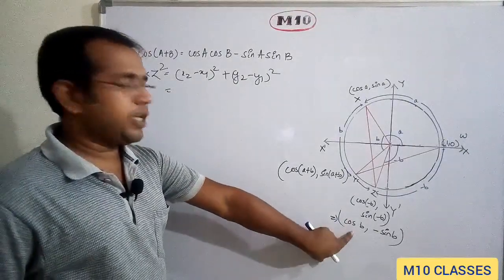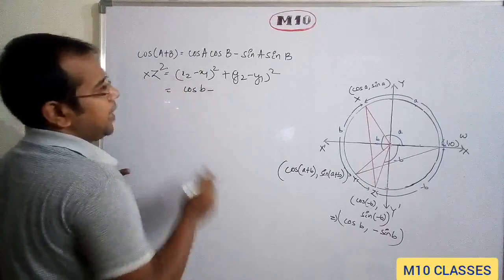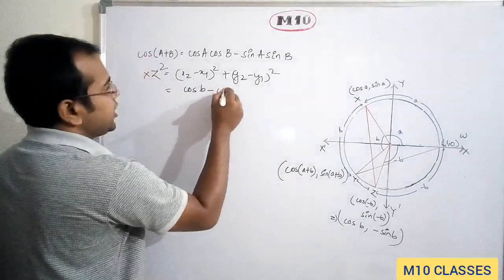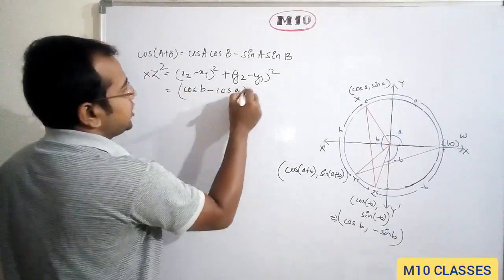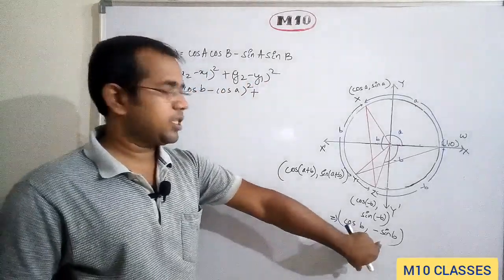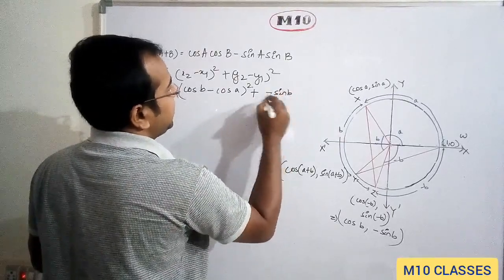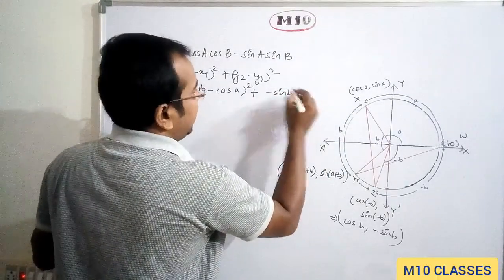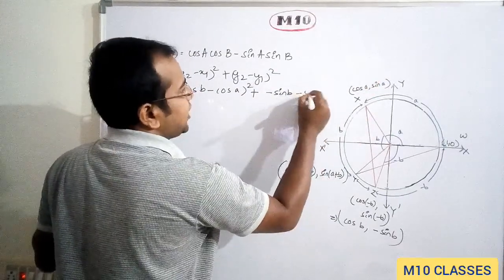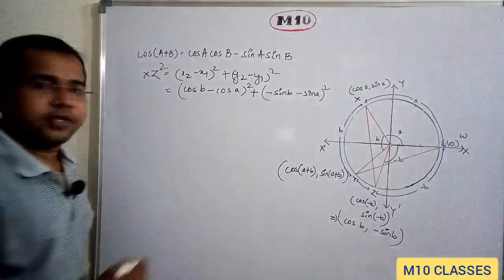Now here x2 is cos b, so you will get cos b minus cos a whole square plus y2 minus y1. What is y2? This is minus sin b, minus what is y1 here? This is sin a, whole square. Now let us solve it.